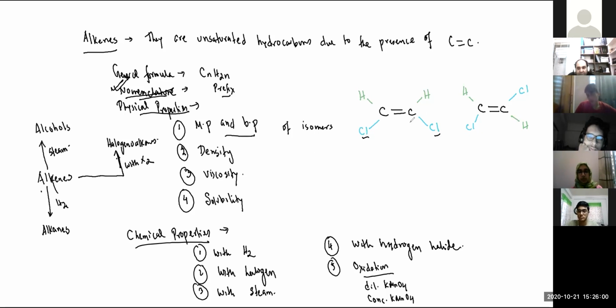One is what he said. Here both the hydrogens are on one side and both the chlorines are on the other side. Chlorines are more electronegative, right? So there's more negative charge on this side and more positive charge on this side.